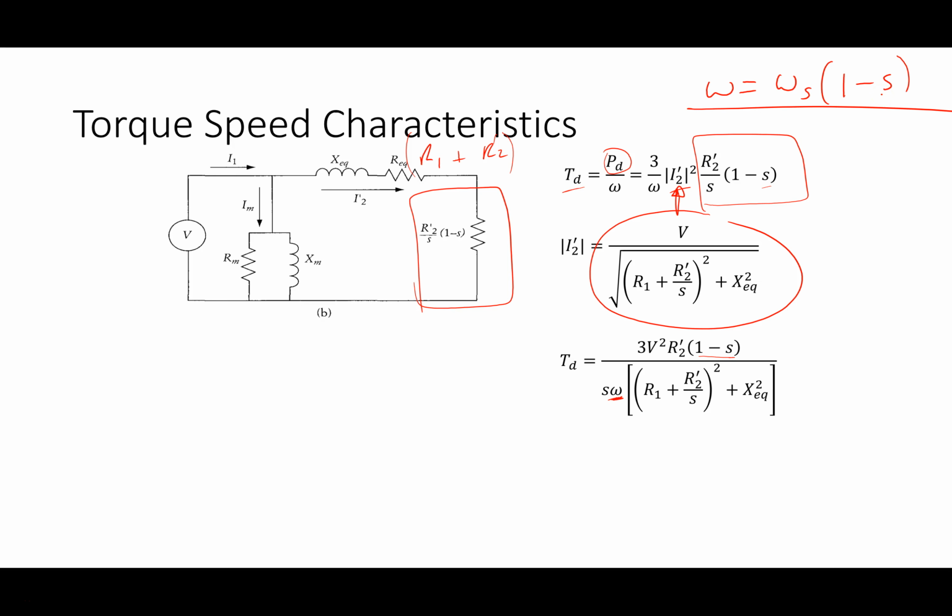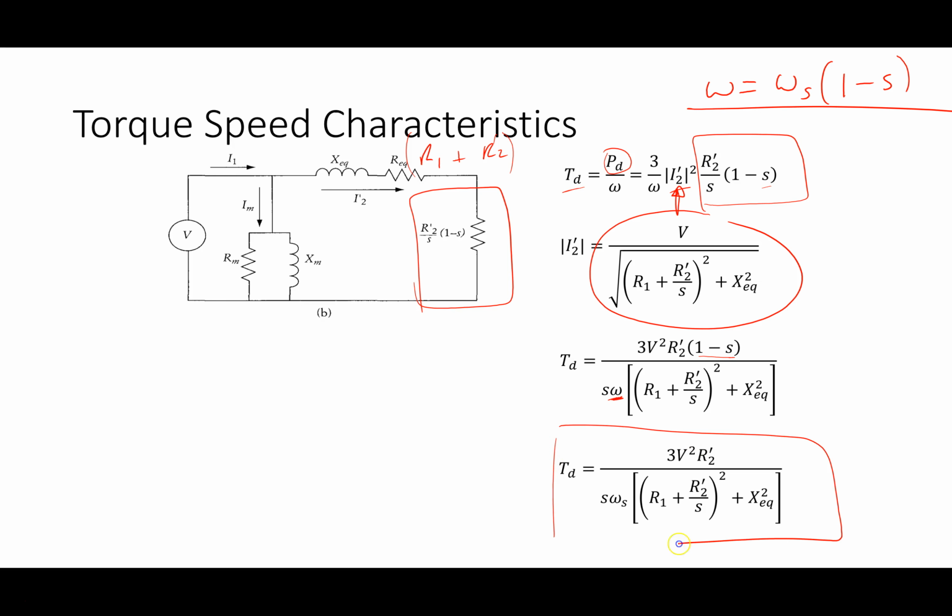And if I simply replace this with omega S multiplied by 1 minus S, you'll see this will cancel with that, and what I would get is this equation.